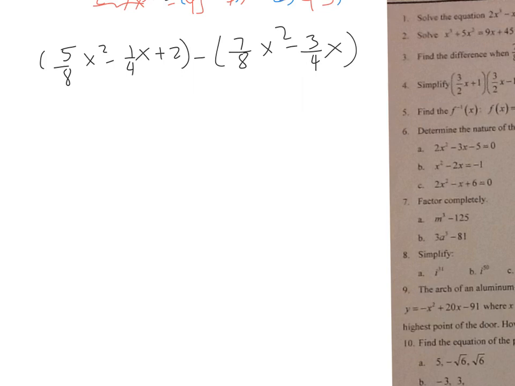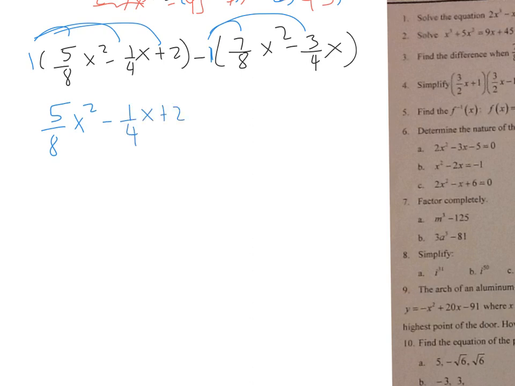All right, so I am subtracting. Remember, there's a -1 here, so you want to distribute the -1. There's actually a 1 in front of the first parentheses, so we'll distribute the 1. For the first parentheses, we get the same thing: 5/8 x squared minus 1/4 x plus 2. Now distribute the -1, we get -7/8 x squared plus 3/4 x. Now I want to combine like terms. You could use your calculator for the fractions if you need to.